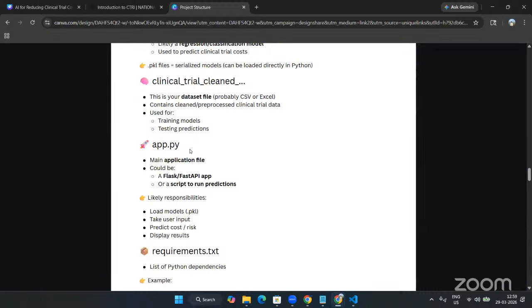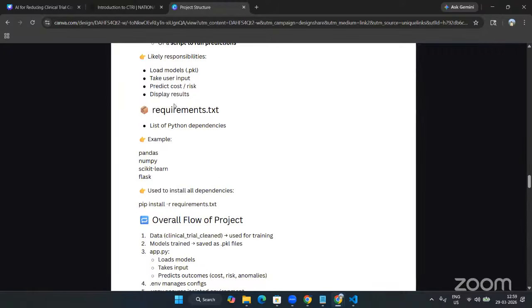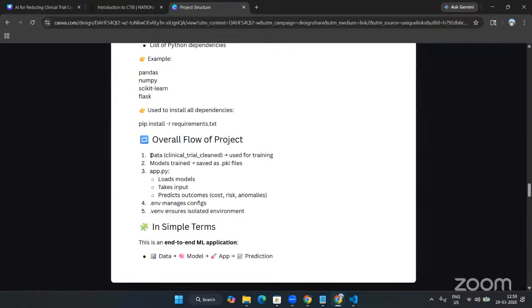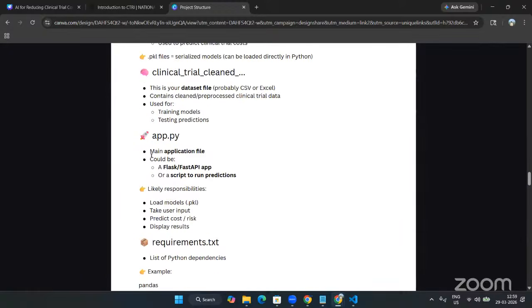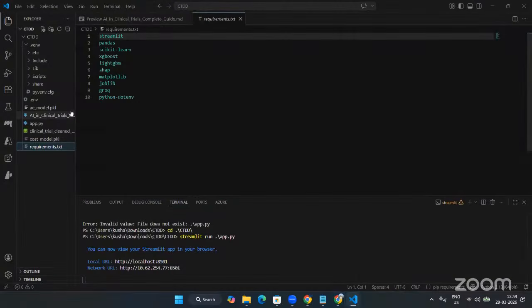App.py is the main application file where all the logic is written, and requirements.txt is the file where all the required libraries or dependencies are written. That is how the project structure is organized. Here you can see the project structure on the left-hand side.